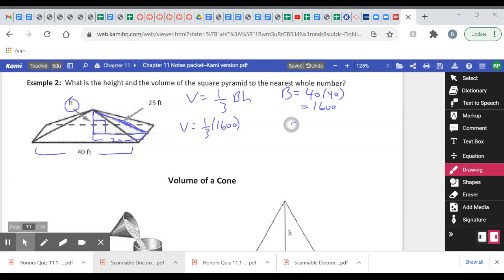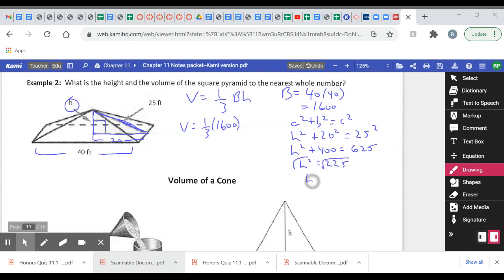So I can use the Pythagorean theorem. I can say h squared plus 20 squared is equal to 25 squared. And from there, I get h squared is equal to 225.